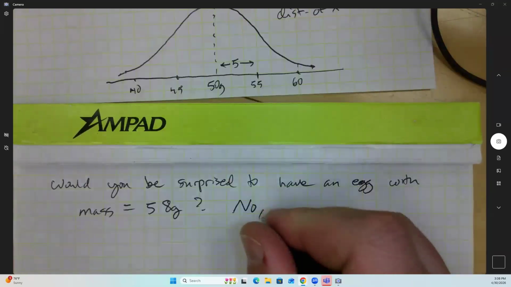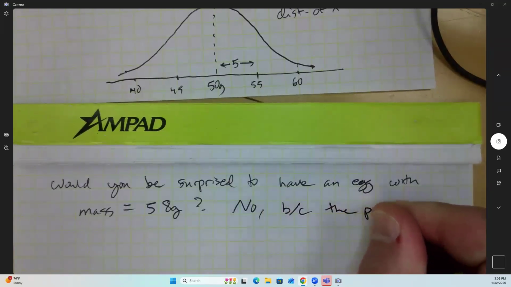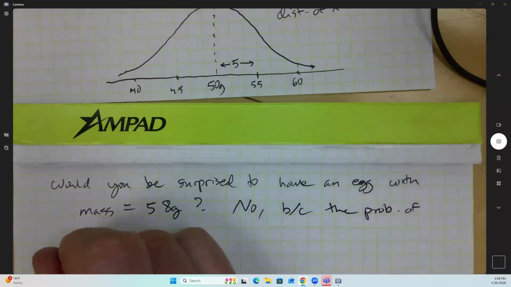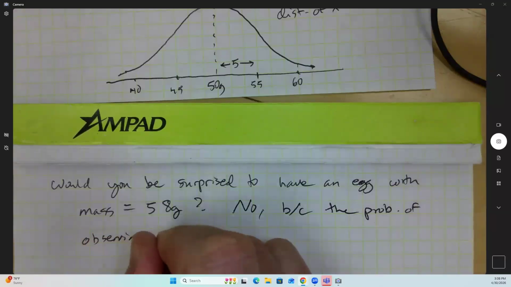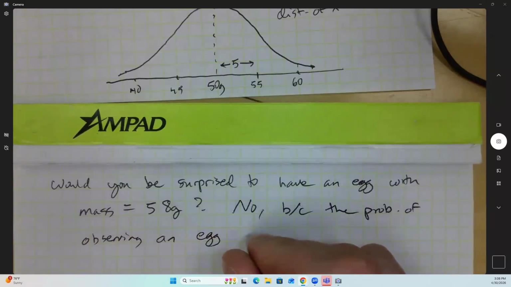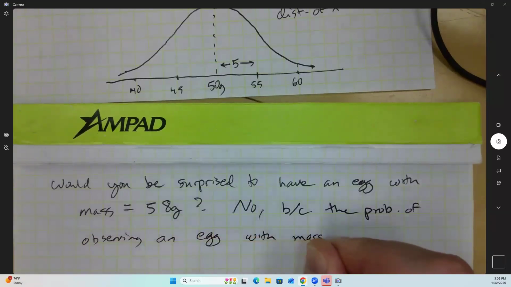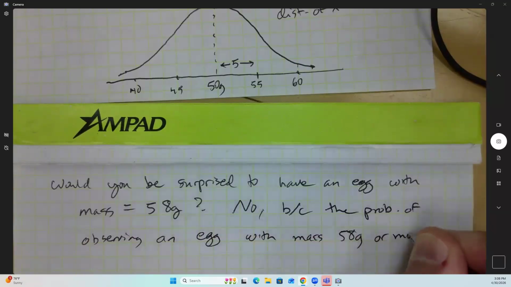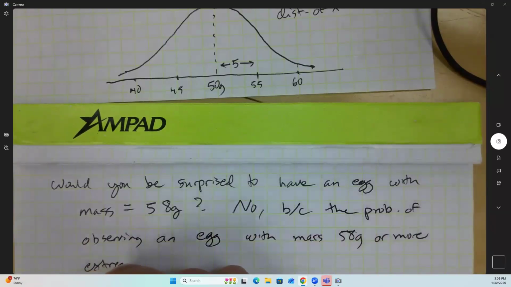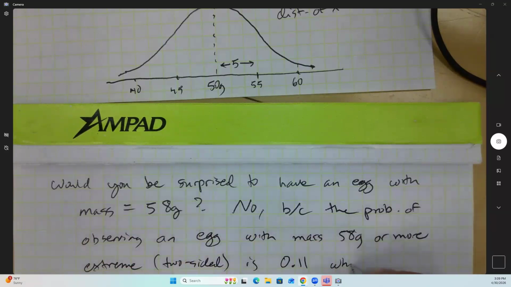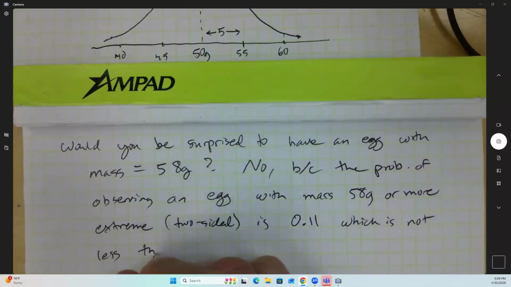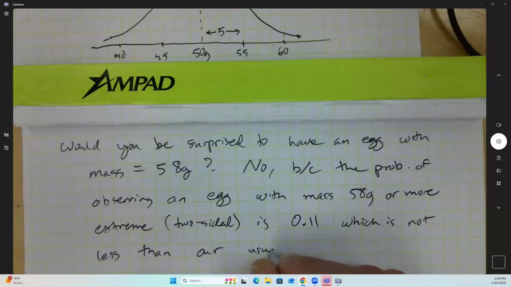So no, because the probability of observing an egg with mass 58 grams or more extreme, two-sided, is 0.11, which is not less than our usual cutoff, 0.05.